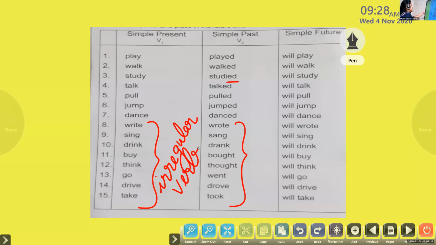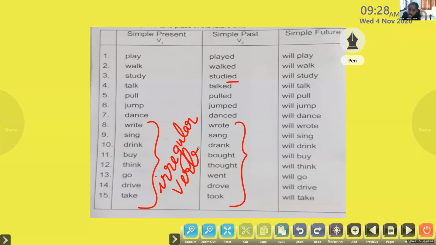Right. The past tense form of write is what, children? Wrote. The past tense form of the verb sing is? Sang. Drink? Drank. Buy?